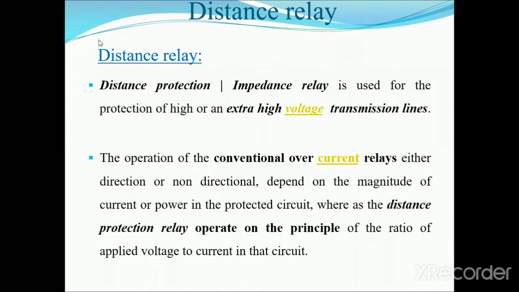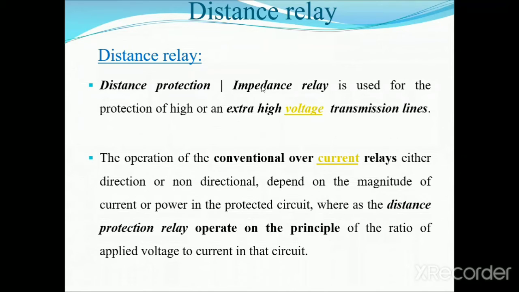The operation of this distance relay depends upon the predetermined value of that impedance, or the voltage to current ratio. The voltage to current ratio is nothing but the impedance.